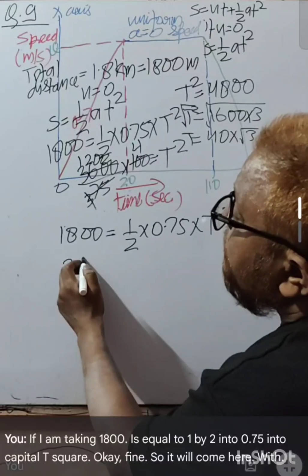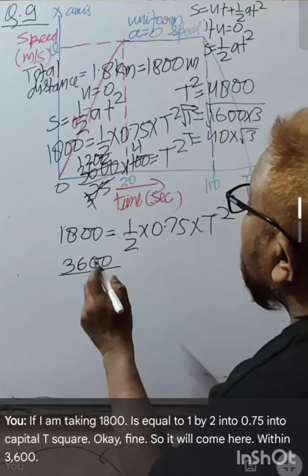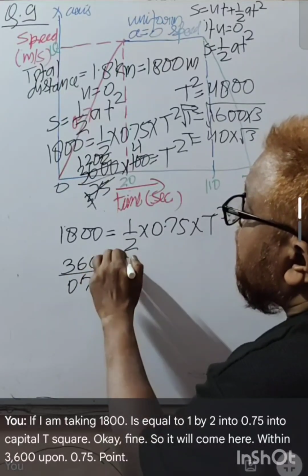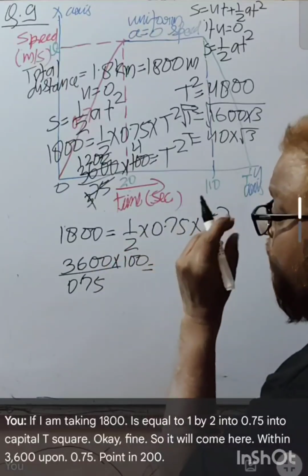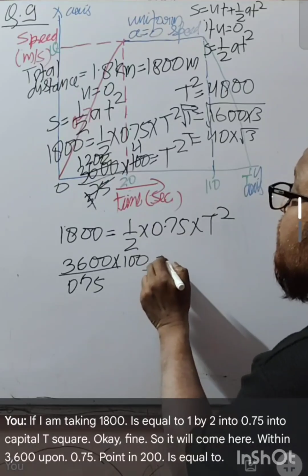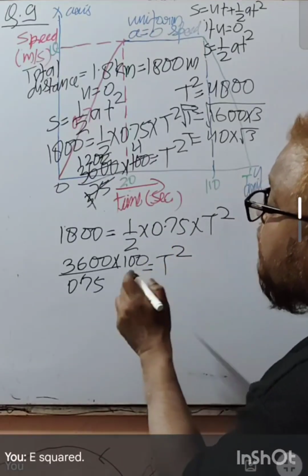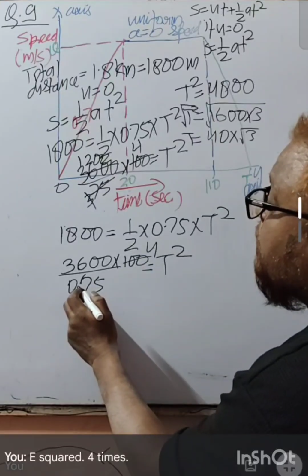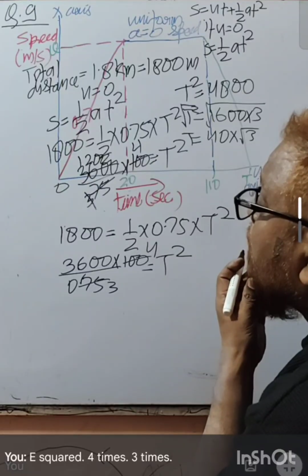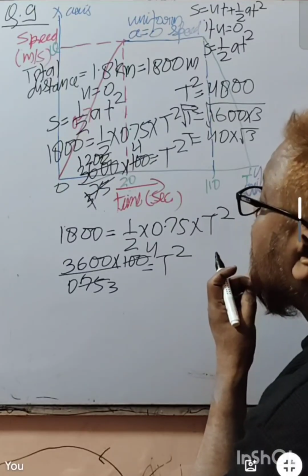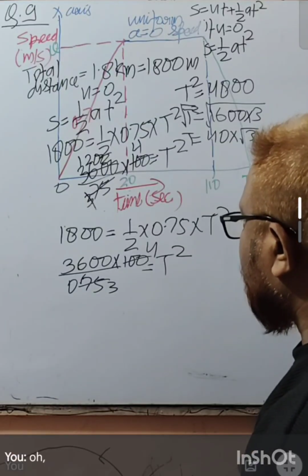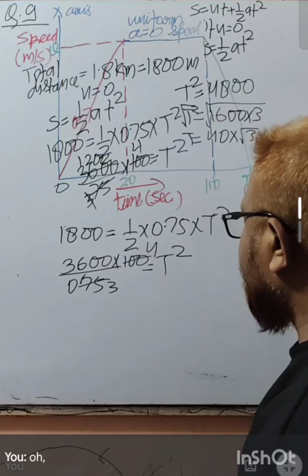It is 3600 upon 0.75 into 100 is equal to T square.